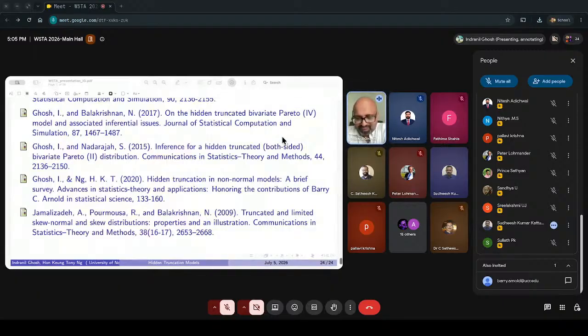So in HD type 1 we have this clear distinction that you start with two components, and you observe Y only when X is below or above some value.